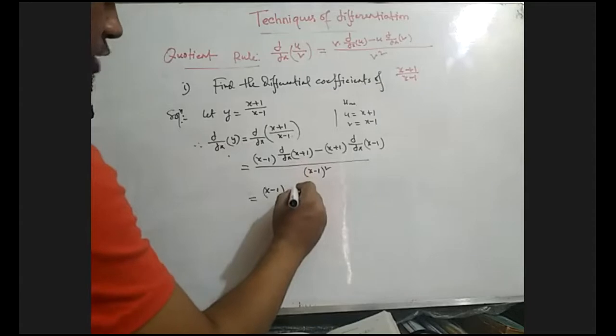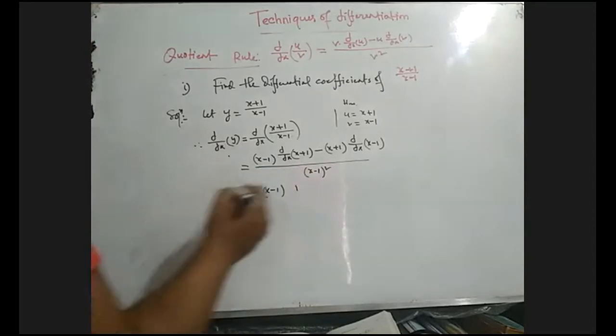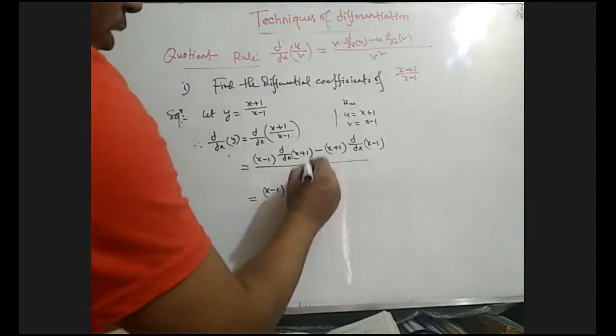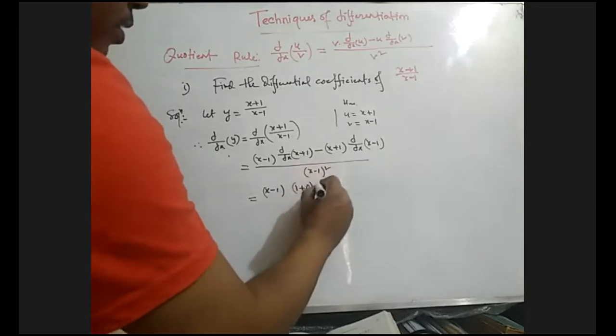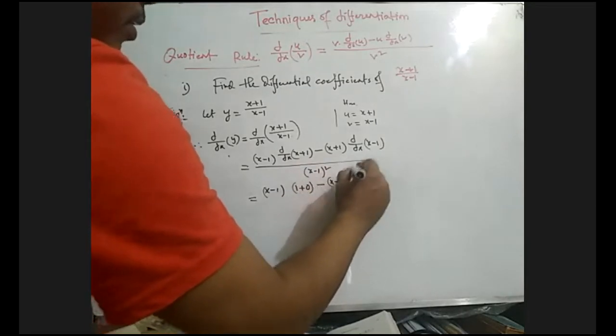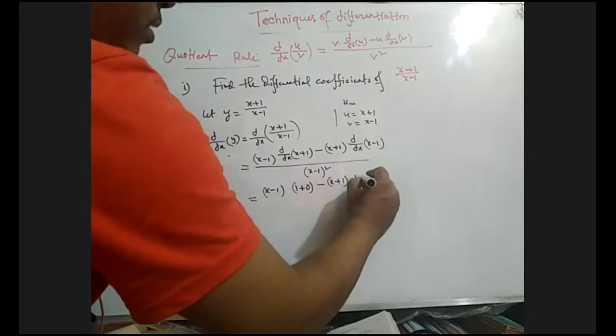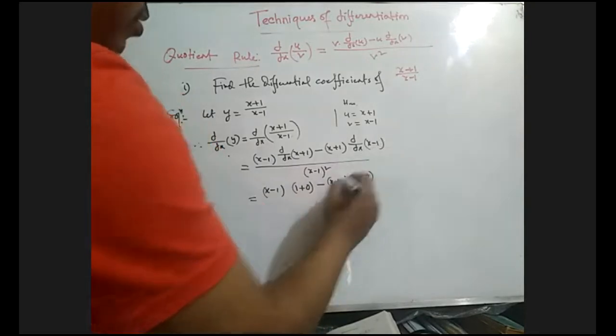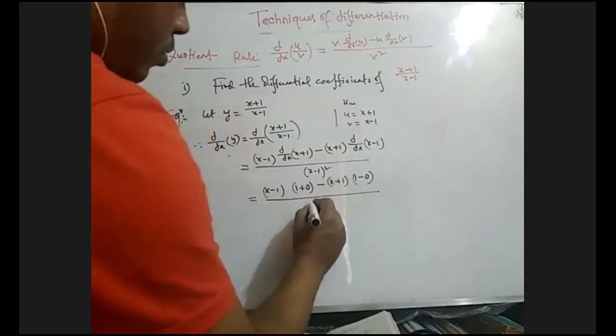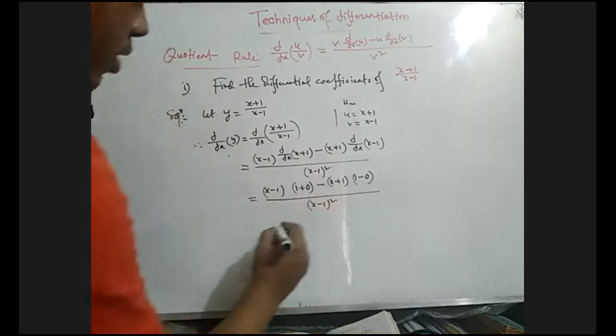Here differentiation of x is 1, and differentiation of 1 is 0. Similarly, differentiation of x is 1, minus 0, differentiation of 1 is 0. So (x minus 1) whole squared.